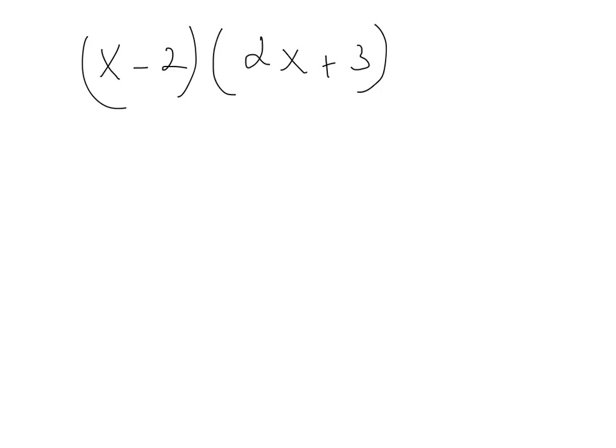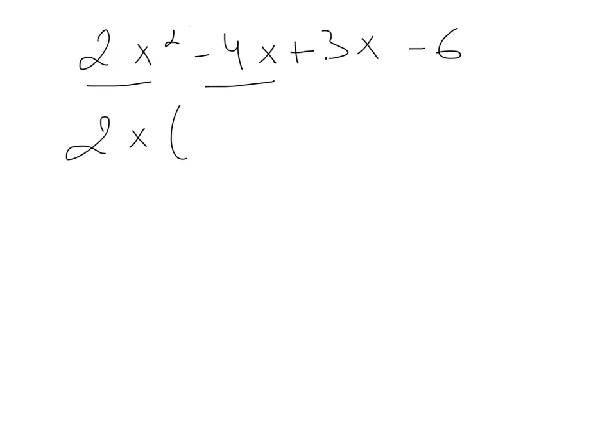Now, let me repeat this here. As we said before, we come up with 2x squared minus 4x plus 3x minus 6, and there is 2x as a common factor, so it will be 2x times x minus 2 plus 3 times x minus 2.